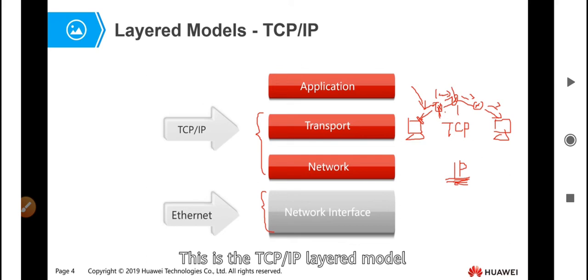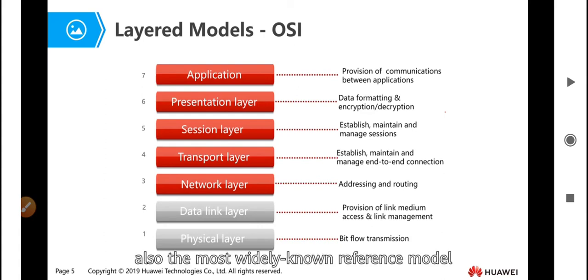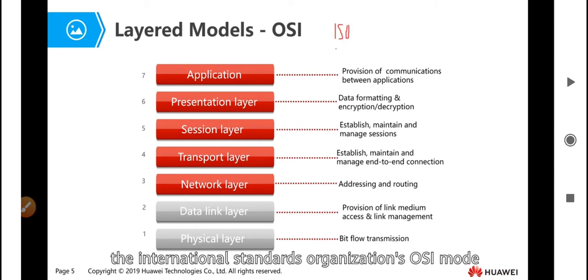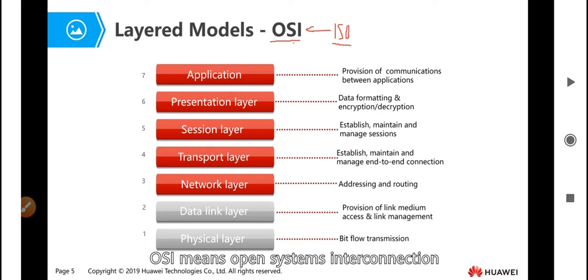This is the TCP/IP layered model. And the most detailed model, also the most widely known reference model, is the ISO, International Organization for Standardization's OSI model. OSI means Open System Interconnection.